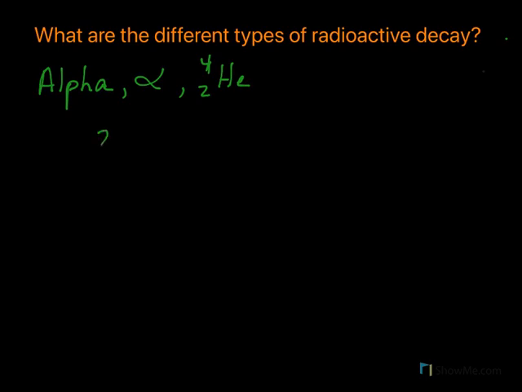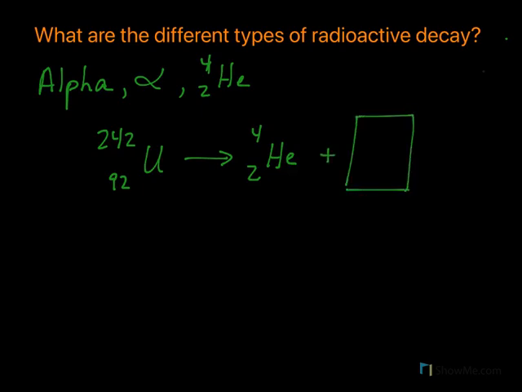So let's pick a radioactive element. Let's say uranium-242. This is uranium, and it's going to go through an alpha decay, which means it'll produce an alpha particle. So here is our alpha particle. It will also produce another element.